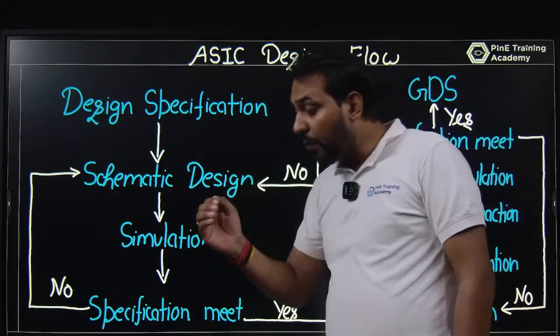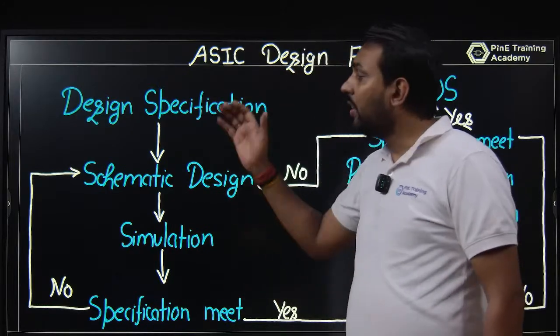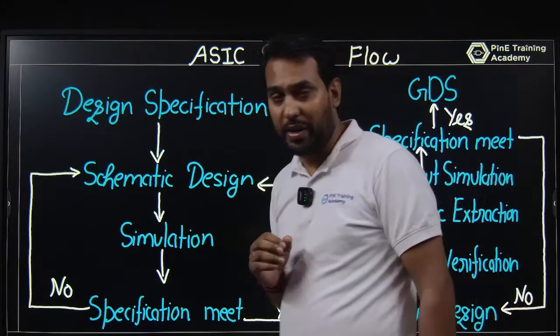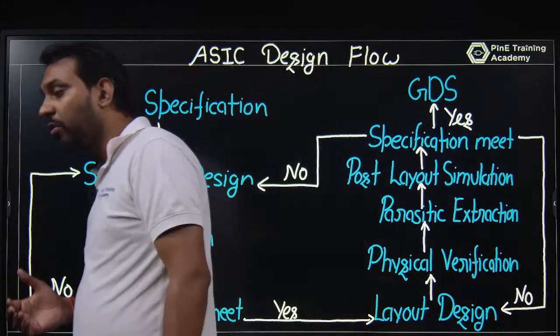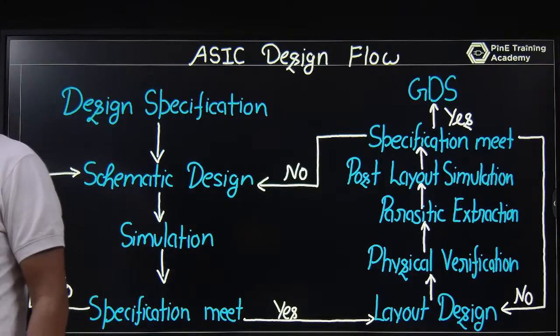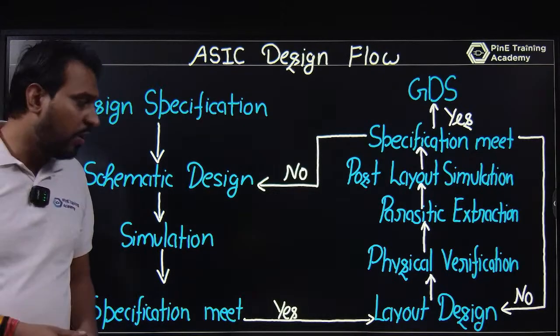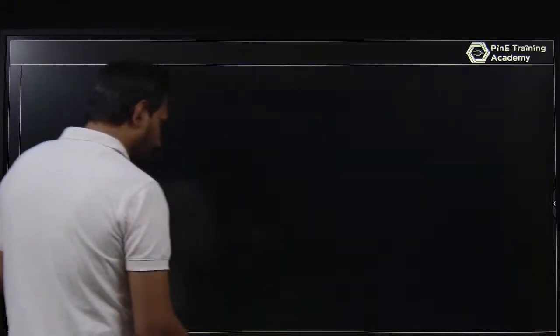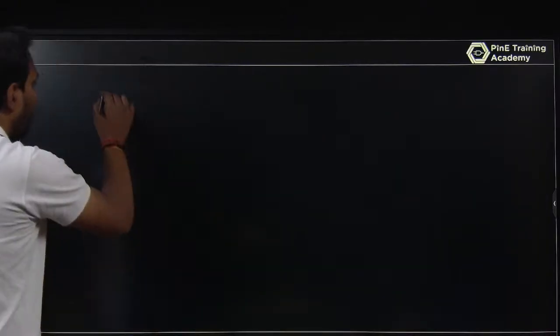So they require some specification. In the design specification, you have a technology parameter, like 45 nanometer, 90 nanometer, or 180 nanometer. So let's start with the design specification.